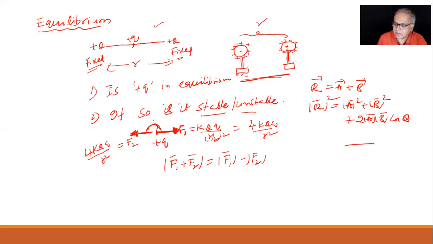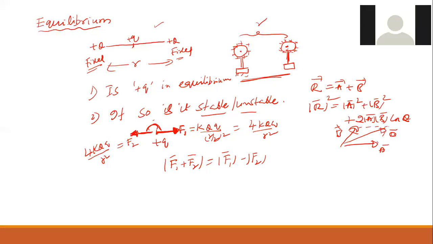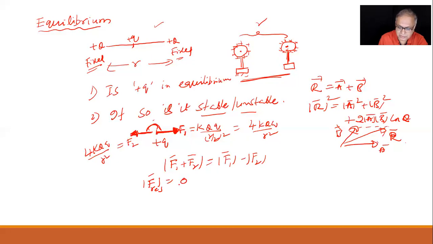Theta is the angle between A bar and B bar. Do you remember this or not? Yes, sir. Did not remember, just recollect it now. Let's say this is the theta equals 180 case. So total force, the resultant, is what? 0. Why? Both are equal. So it implies plus q is in equilibrium.